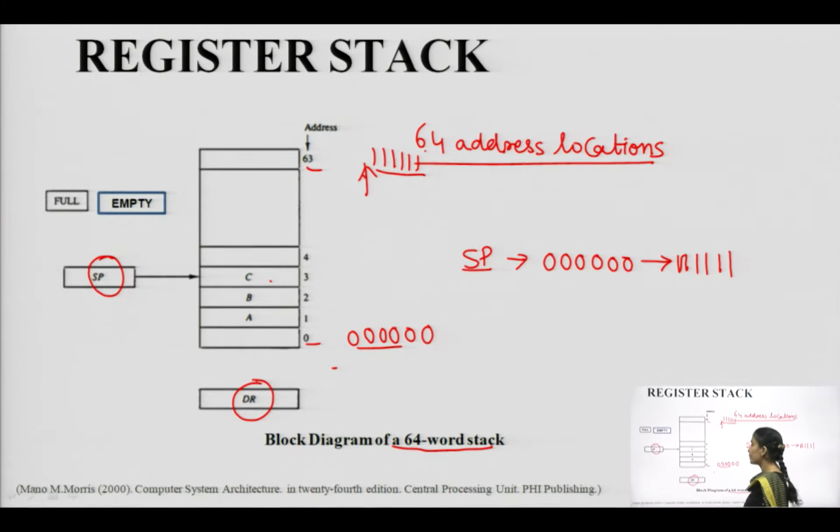In this example, I have inserted three elements A, B and C. Initially, when A is pushed, my SP is at 0, it is first incremented to 1, then A is inserted, then it is incremented to 2, B is inserted, it is incremented to 3, C is inserted, and so on. We will move on to 63.